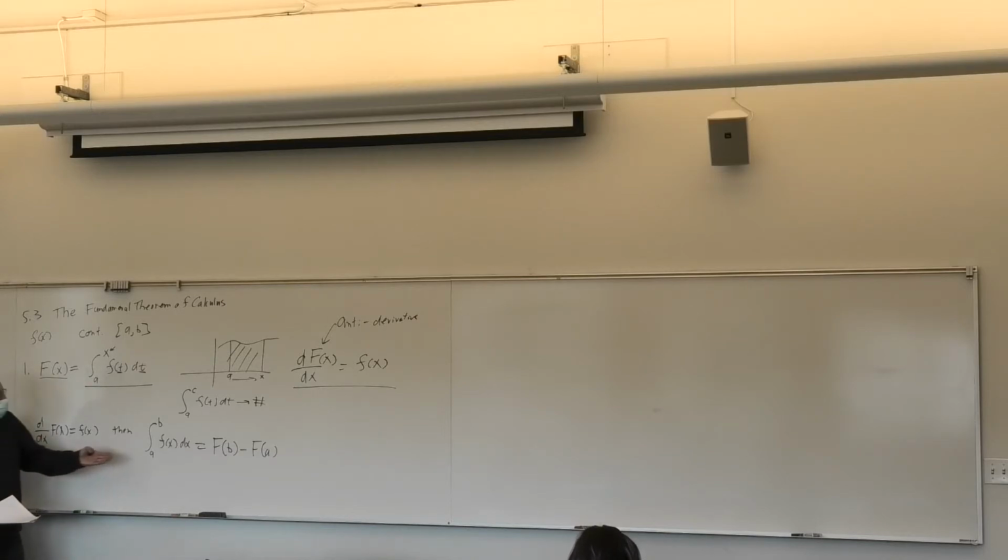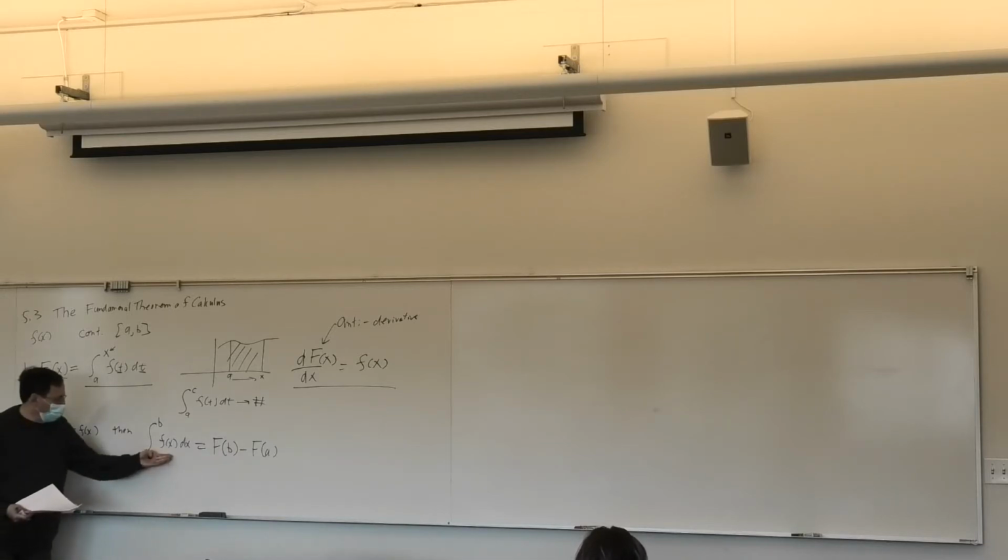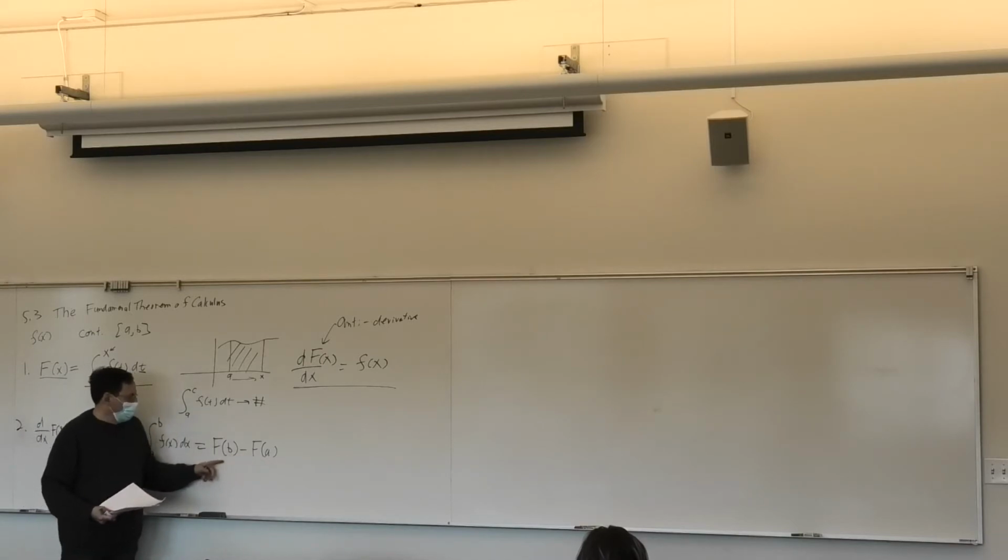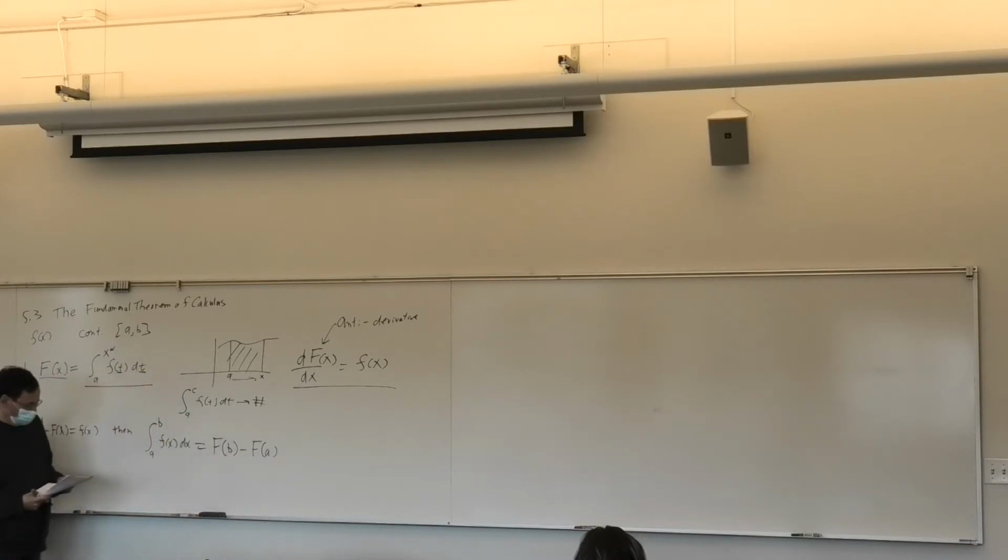So again, this is exactly what we've been doing. We have some function, we find its antiderivative, the function whose derivative is our function, and we use it to evaluate an integral by finding the difference of that function at either point. That's the fundamental theorem of calculus.